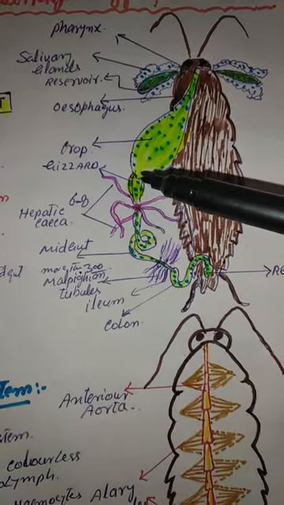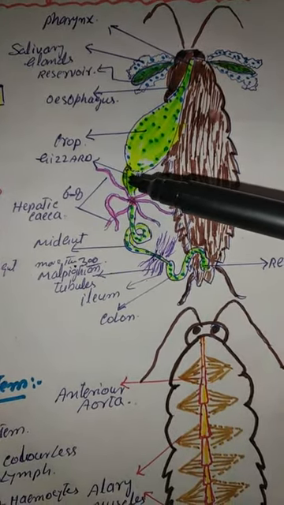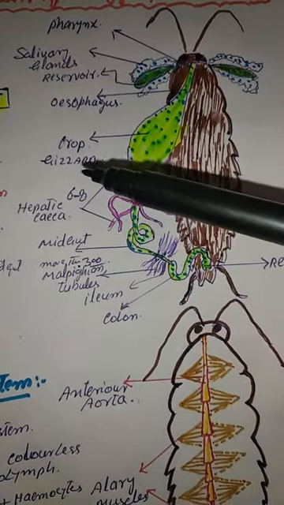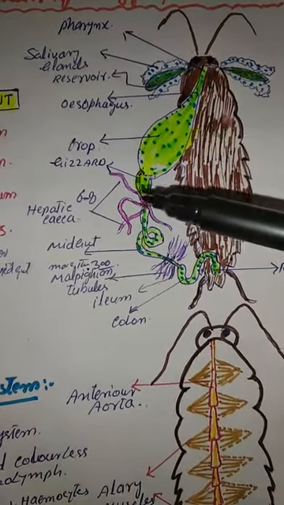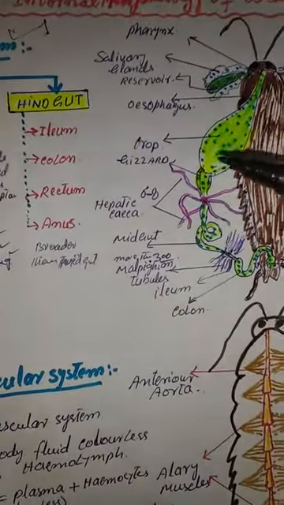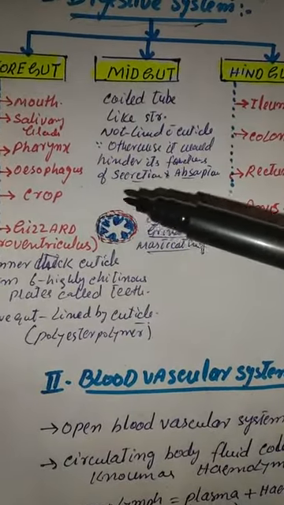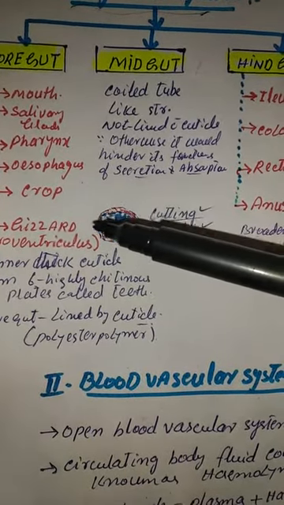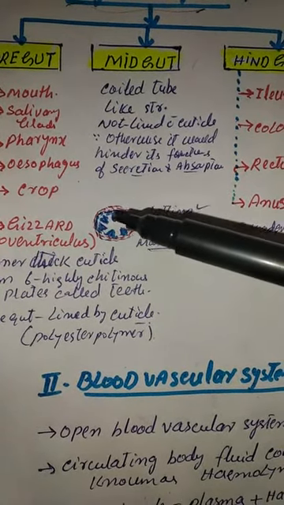This crop opens into a cup-shaped structure as seen here. It is known as gizzard. As I already said, gizzard is a very special organ of this system. So far as the anatomy of the gizzard is concerned, if the gizzard is visualized in a transverse section, we see its outer membrane consists of a layer of circular muscles.